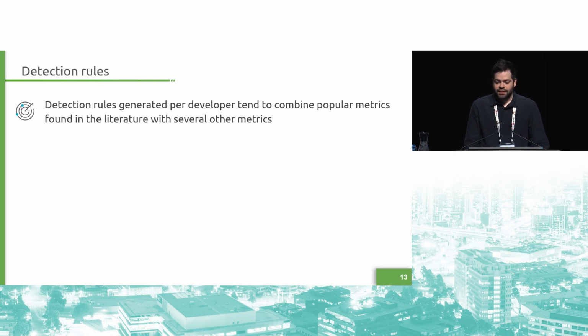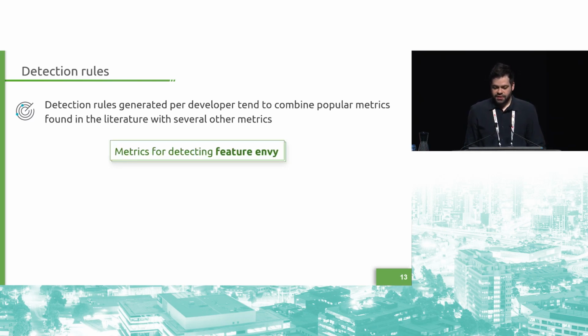Finally, we observed that detection rules generated per developer tend to combine popular metrics found in the literature with several other metrics. For instance, the detection of the feature envy smell.